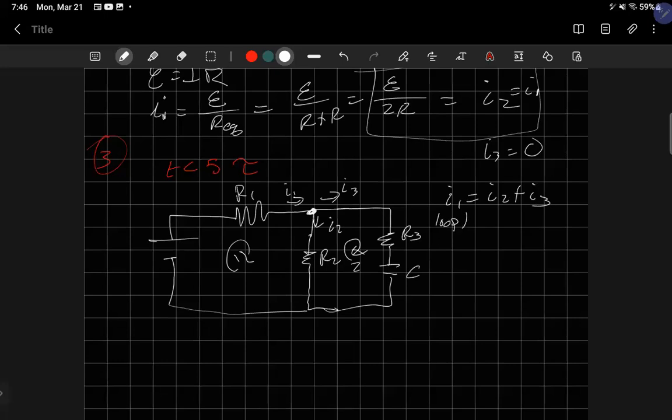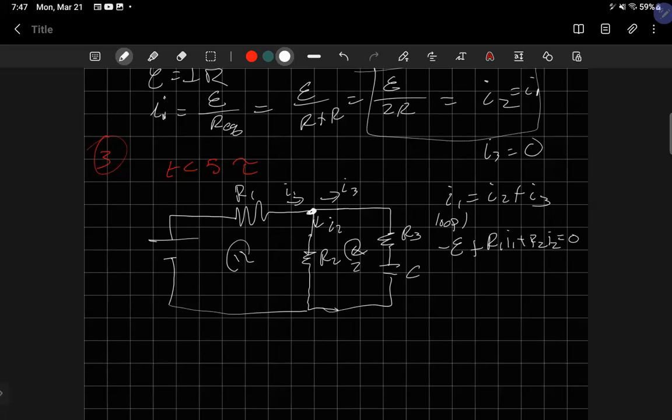And then loop 1, I assume I'm going this way. I'm going from a negative terminal to a positive terminal, which should be negative E, and then plus R1 I1 plus R2 I2, which should be 0.